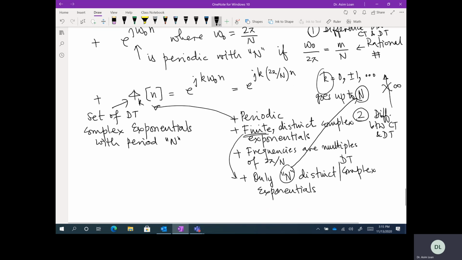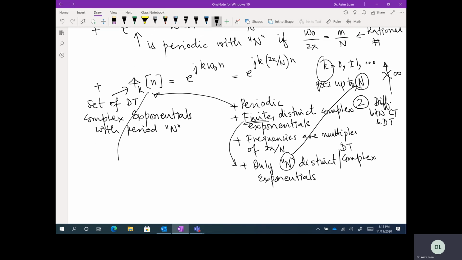Let's see here, and actually we looked at this in chapter 1 too. Note phi k of n equals phi k plus rN of n.